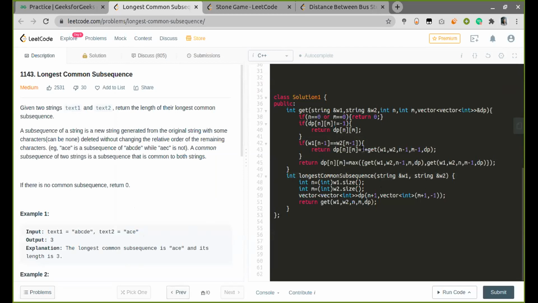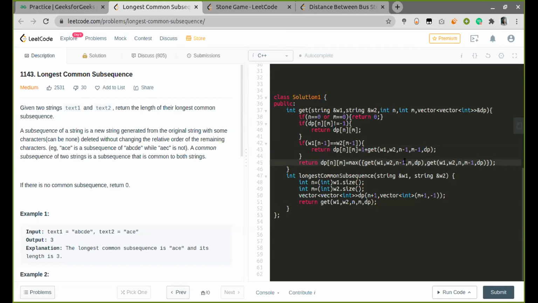So we add one to the answer, and then we iterate through the minus one index of both the strings. Otherwise, if both the characters are not the same, we have to take the max of deleting one character from the last in either of the two strings.